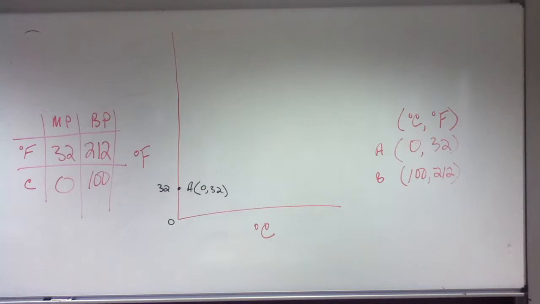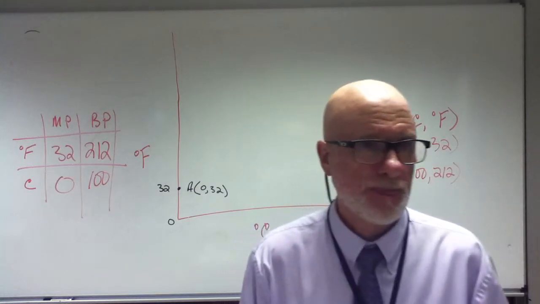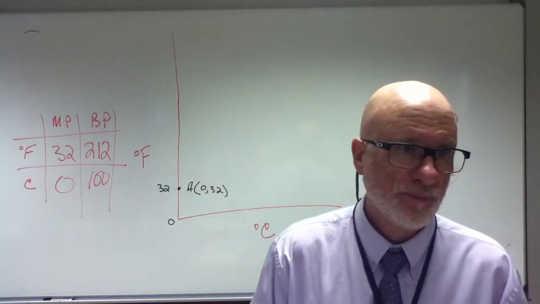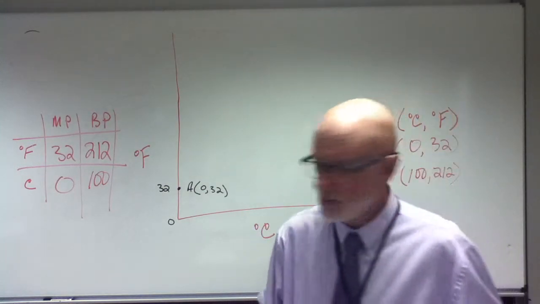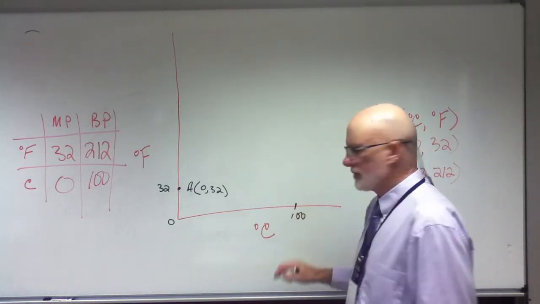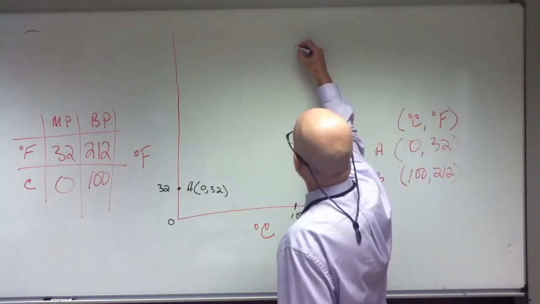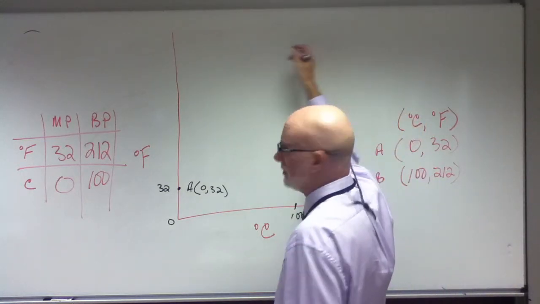Cool. Okay. So what's the next point you've got to do? What are the coordinates? 100 and 212. So we'll say that this is 100. And then this is going to be, we'll say this is 212.